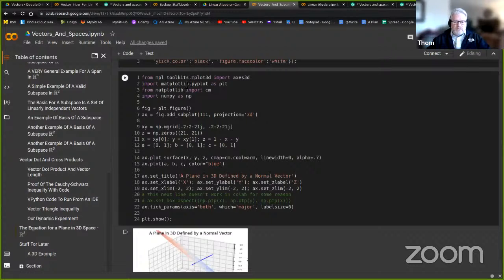Now, let me get something different open real quick. Oh, shoot. I may have to, well, we'll look at it here first, and then I'll go open a better version of it.